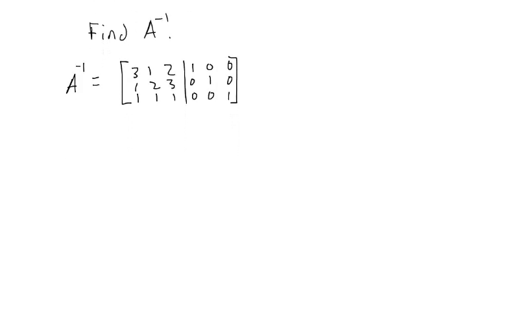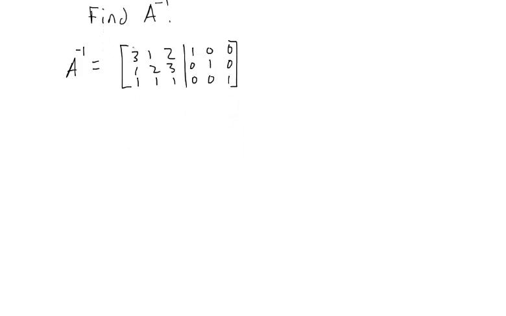So first thing we need to do is get a 1 in our upper left corner. So I'm going to flip row 1 and row 2. So we have 1, 2, 3, 0, 1, 0, then 3, 1, 2, 1, 0, 0, and row 3 stayed the same.